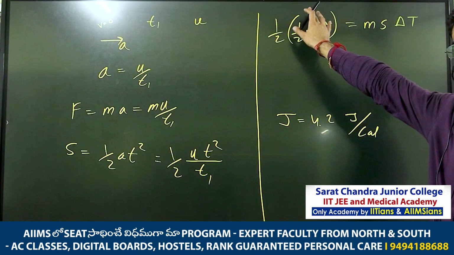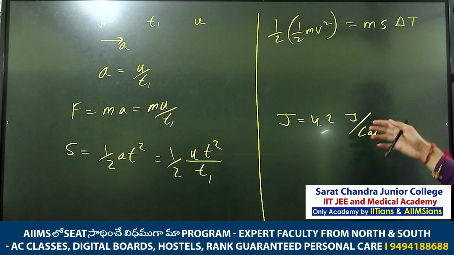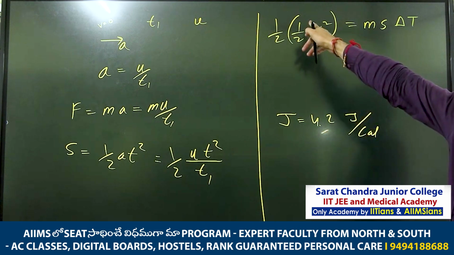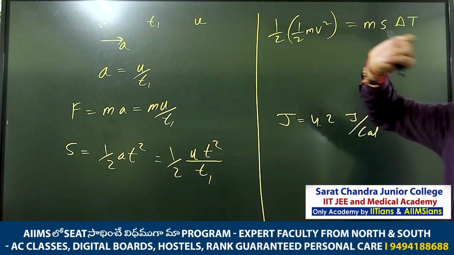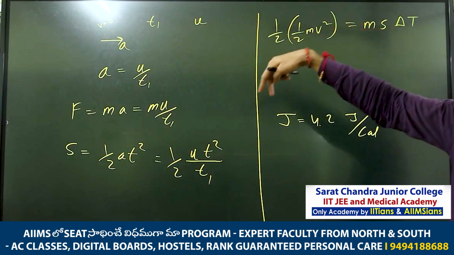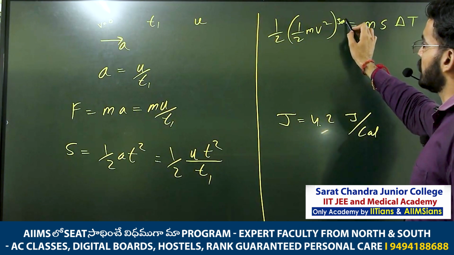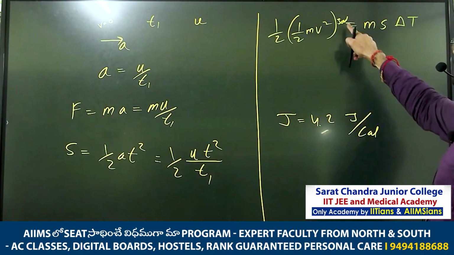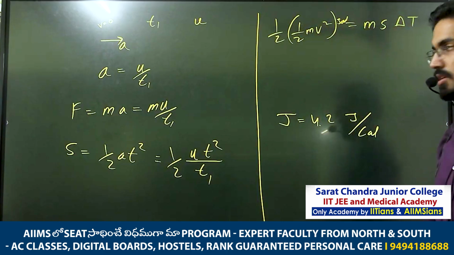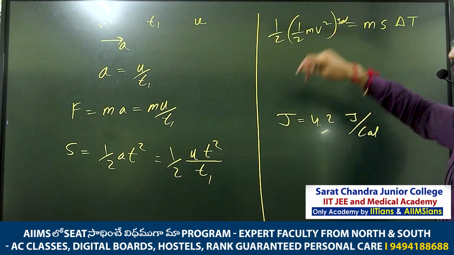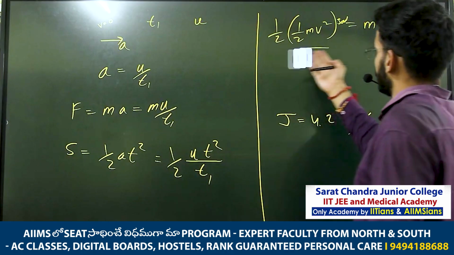But half mv square is in joules. Specific heat s is in calories, so you have to convert. Either you convert joules into calories or calories into joules. To convert joule into calorie, do you divide with J or multiply?